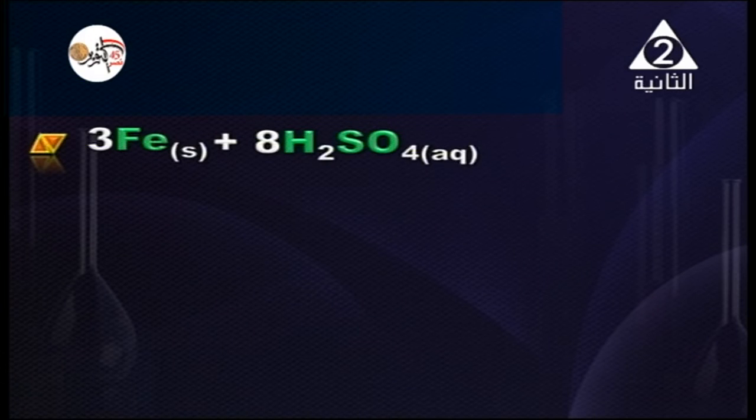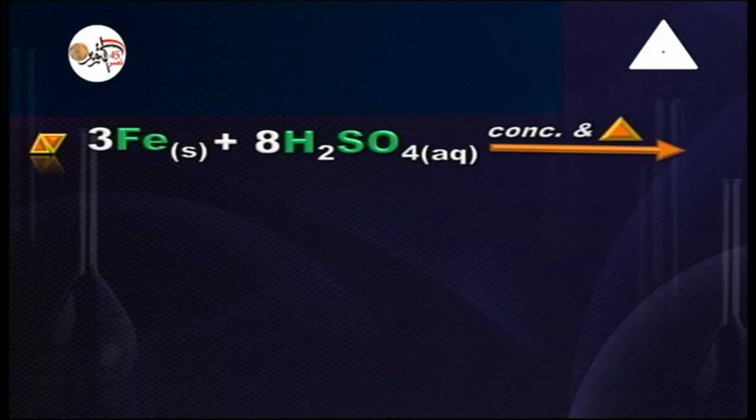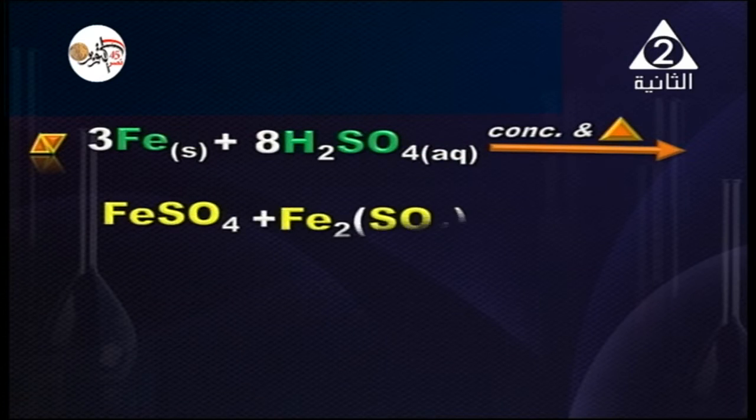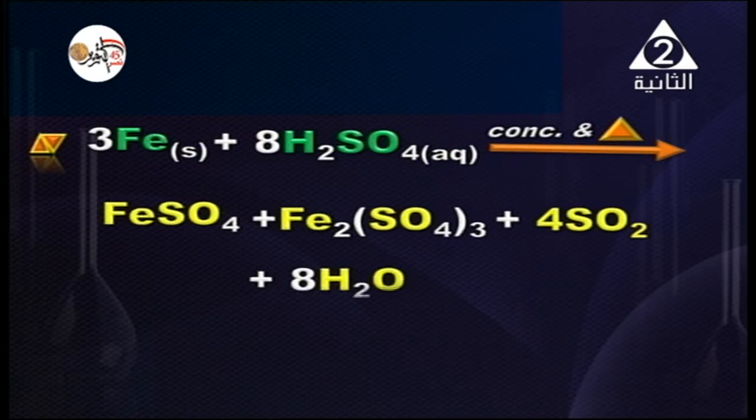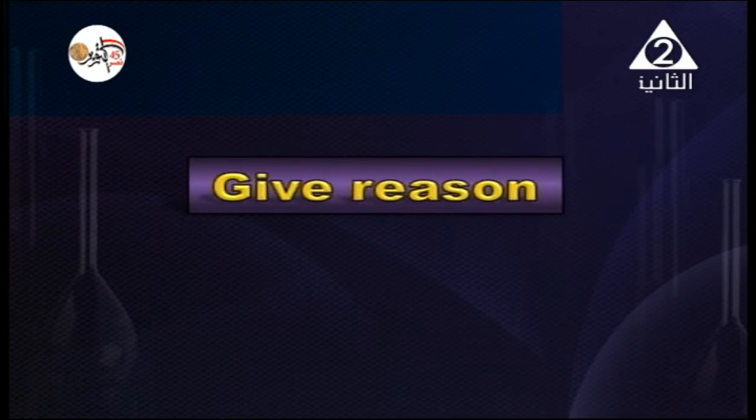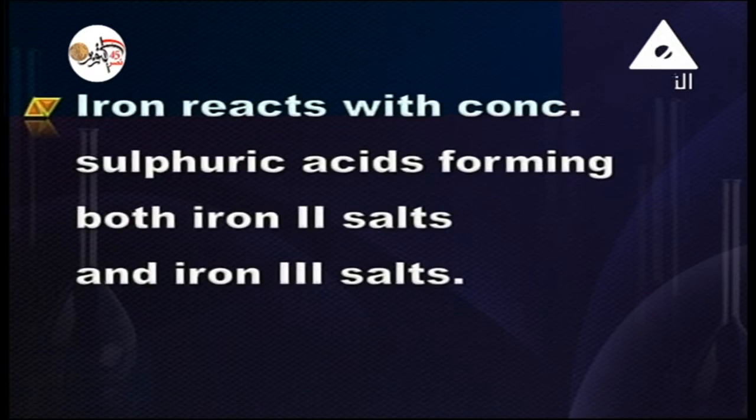Iron plus sulfuric acid, which is concentrated and heated, gives iron 2 sulfate and iron 3 sulfate and sulfur dioxide gas, and water is produced. So we have good reason in this point. Iron reacts with concentrated sulfuric acid forming both iron 2 salt and iron 3 salts.